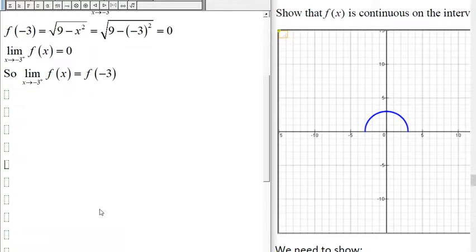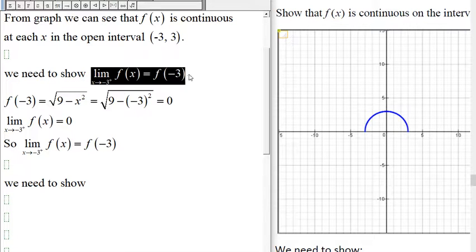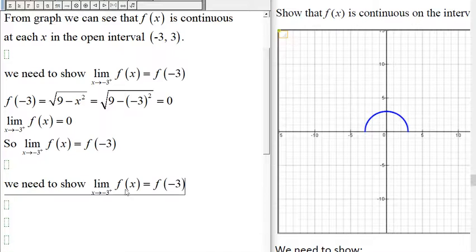And then the last part we need to show is this, with the 3 instead of the negative 3. We need to show that the limit as x approaches 3 from the left is equal to f of 3. So 3 is right here, and we're approaching 3 from the left side.